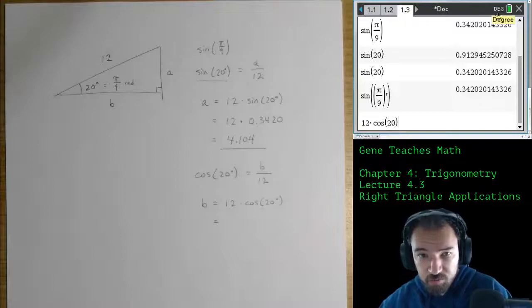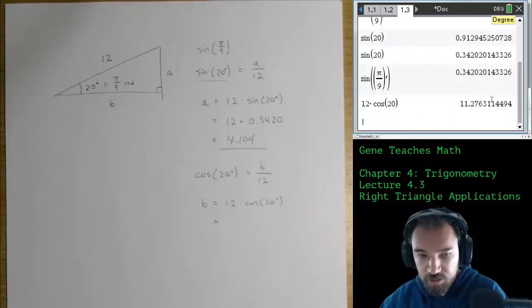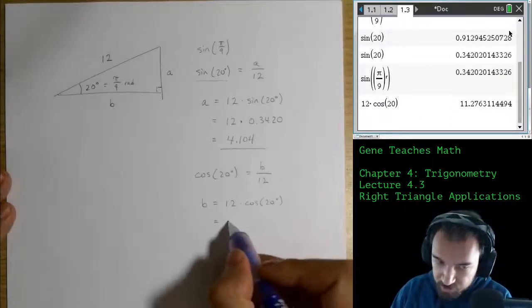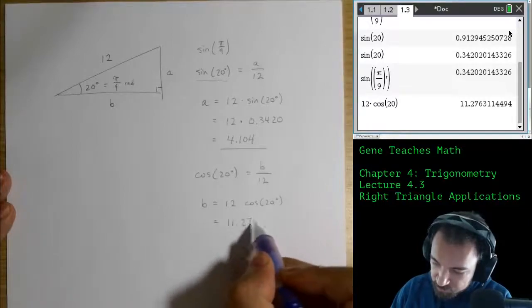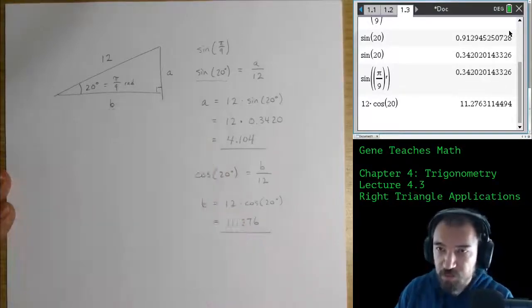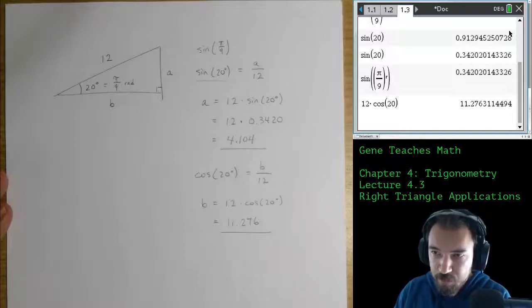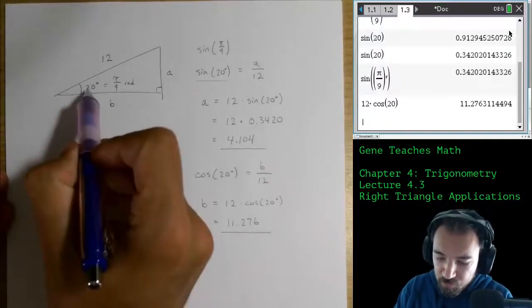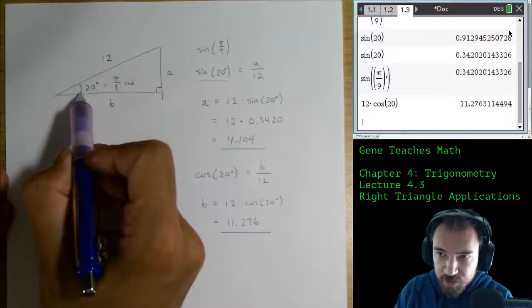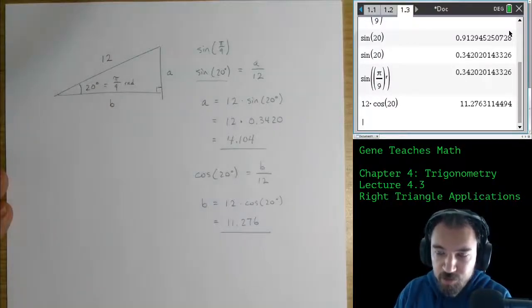I'm currently in degree mode, so I don't have to put a degree symbol. I'll just hit this, and I get 11.276. That is going to be the length of this base. So all we need is one of the acute angles and one side, and we can completely solve the triangle.